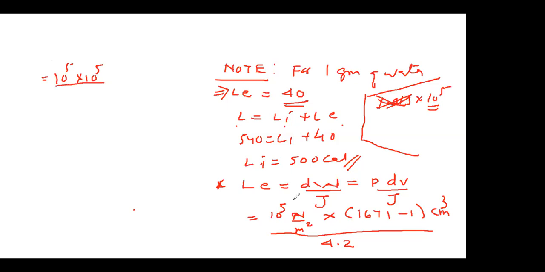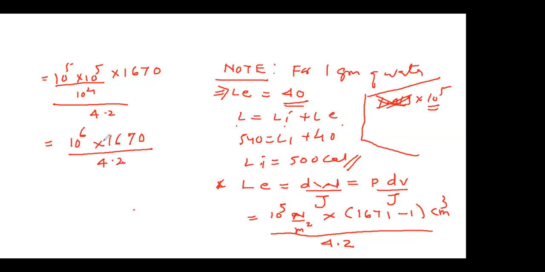Meter to centimeter will become 10⁴ into 1670 centimeter cube upon 4.2. So this equals 10⁵, 10 upon 4 will become 10⁶, 10⁶ into 1670 upon 4.2.